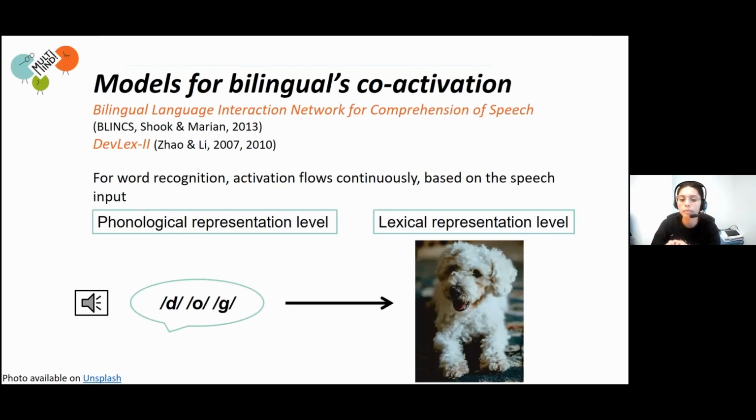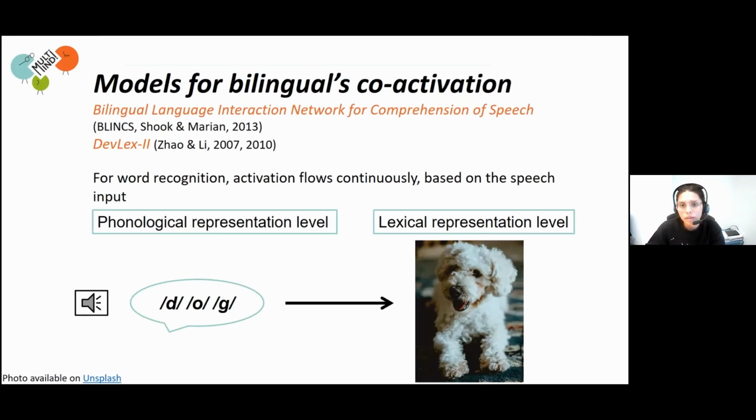For example, if we hear the word "dog", at the lexical level of representation we store the image of a dog and all the properties that characterize a dog: that it has fur, that it is sweet, that it is small, that it is loyal, etc.